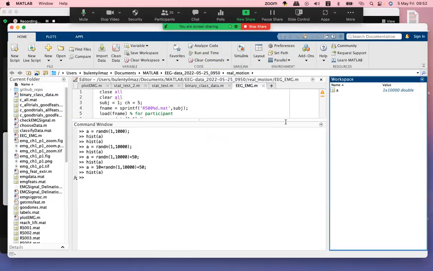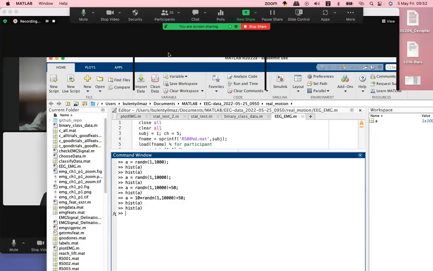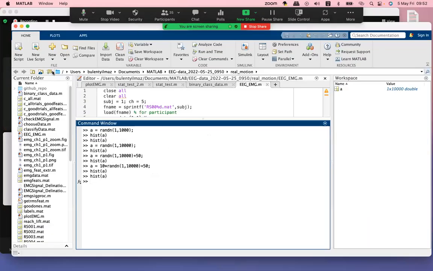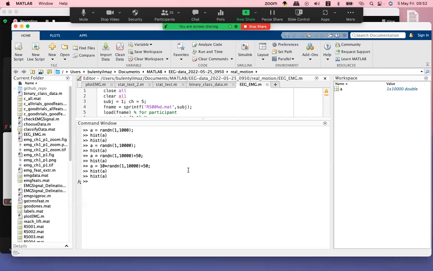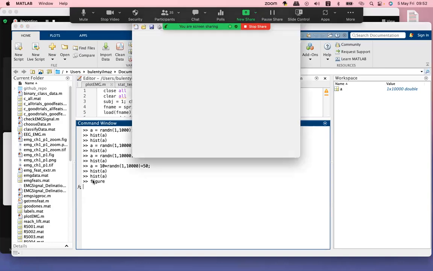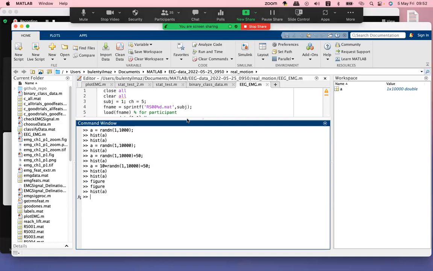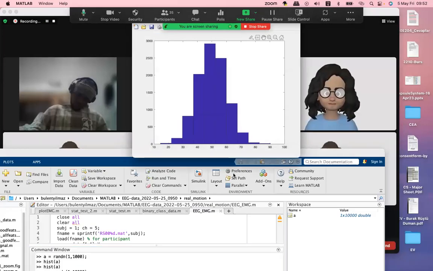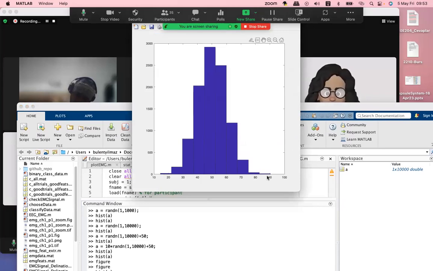Here is my distribution, A. This is my distribution, which is 100, changing between 15 and 90.